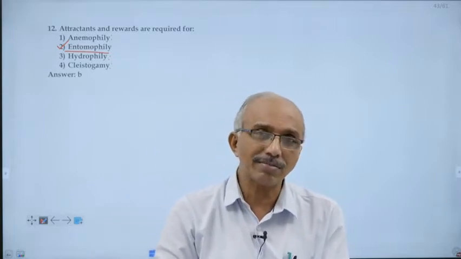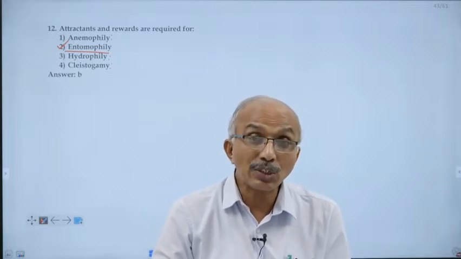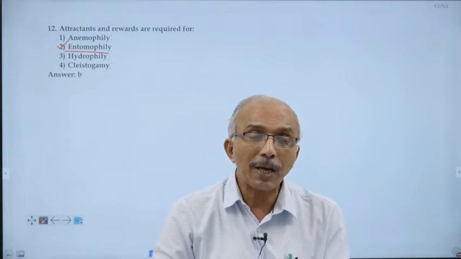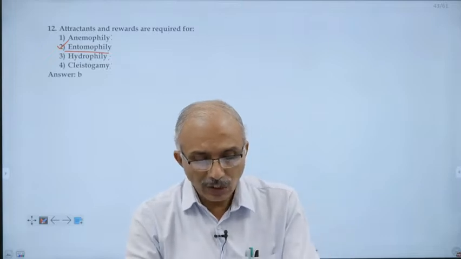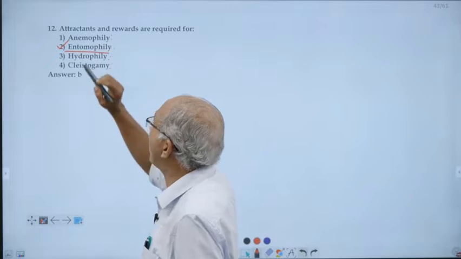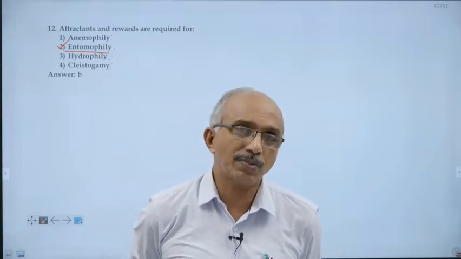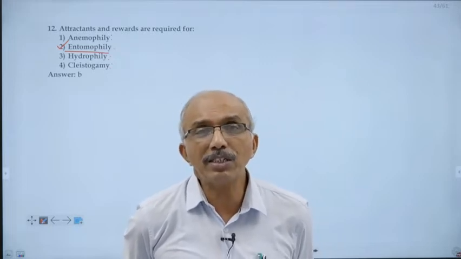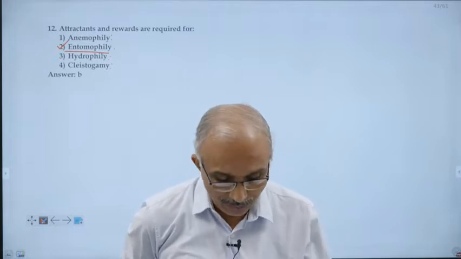Also, in cleistogamous flowers there is only self-pollination. So the answer is entomophilous flower, that is pollination by insects. The insects are attracted by flowers due to attractants and rewards.